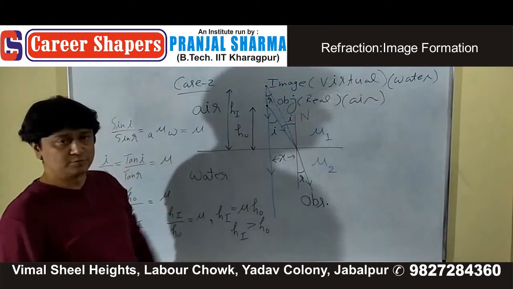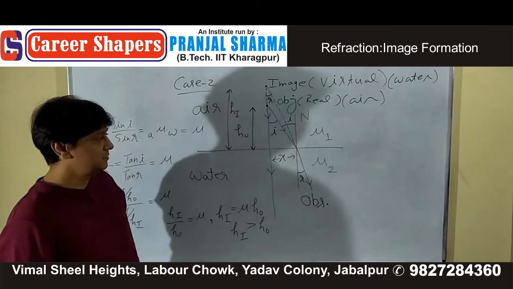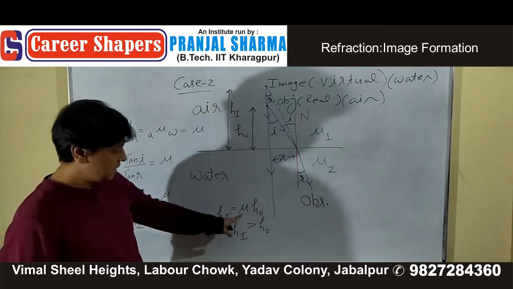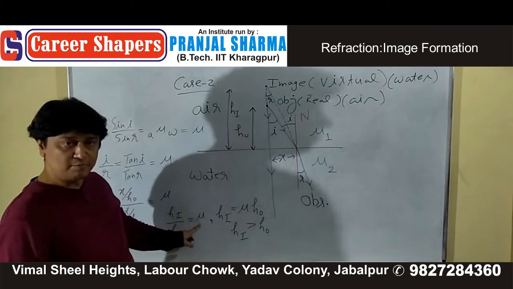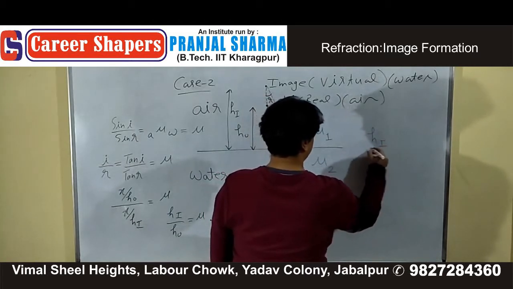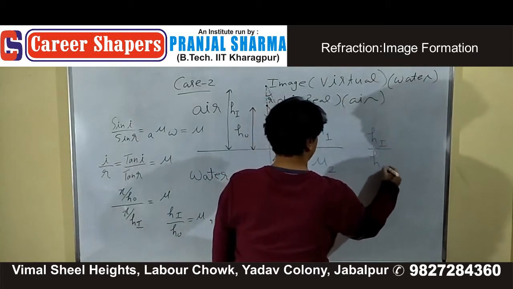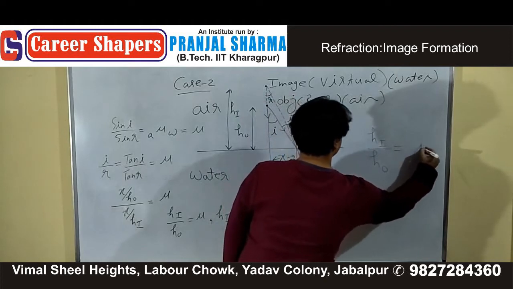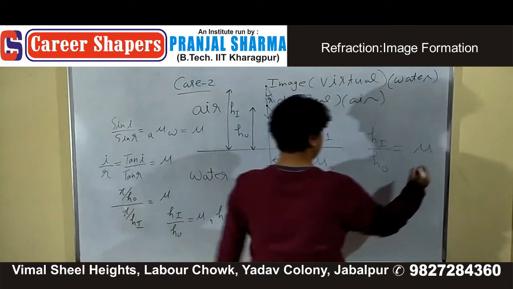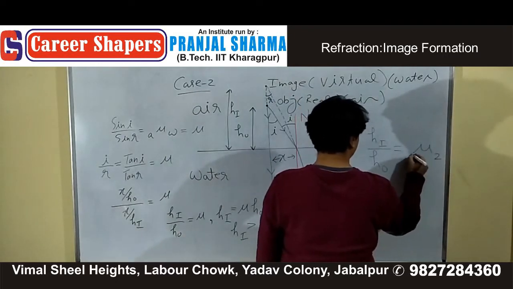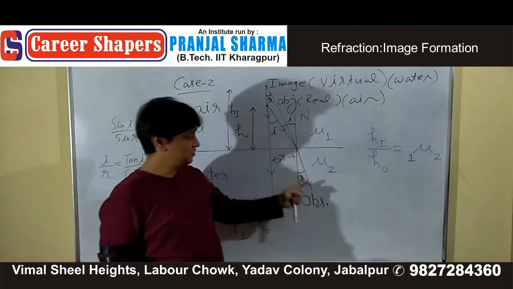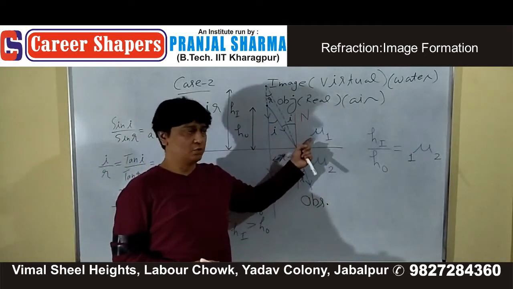Then this Hi upon Ho, which is mu, is simply the refractive index of 2 with respect to 1.